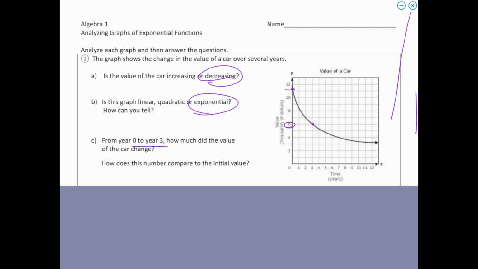So 11 to 6, how far down is that? 5, and it's $5,000, because right here in the units it says in thousands of dollars. How does this number compare to the initial value? It decreased. These problems are pretty self-explanatory if you're reading the graph. Initial amount is always the one at 0.